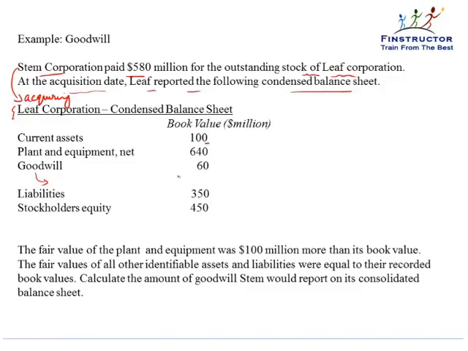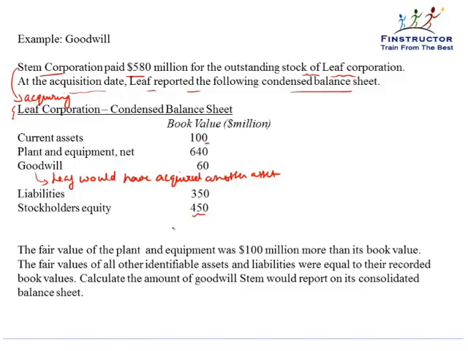This goodwill must have been there when Leaf would have acquired some other asset at a price over and above the fair value. Liabilities are $350 and shareholders' equity or book value is $450.